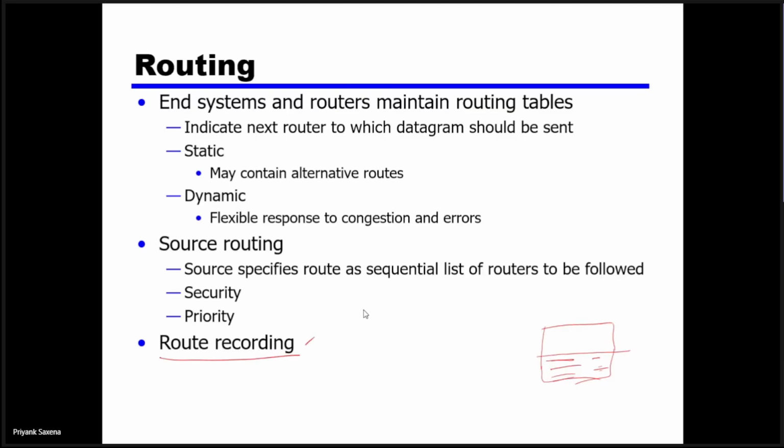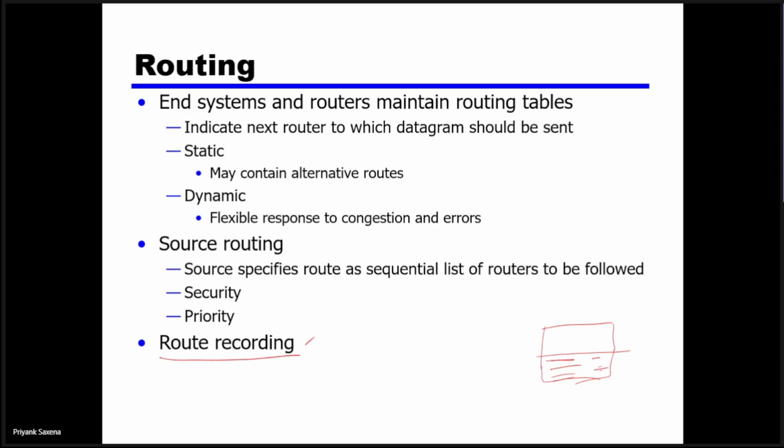So as you know, the end users and routers maintain the routing tables. Maintaining routing tables means they have to indicate which next router they have to forward the datagram to, as we have seen when we did the fixed routing example. We created a central routing matrix, and then each bridge had its own routing table, derived from the central routing matrix.